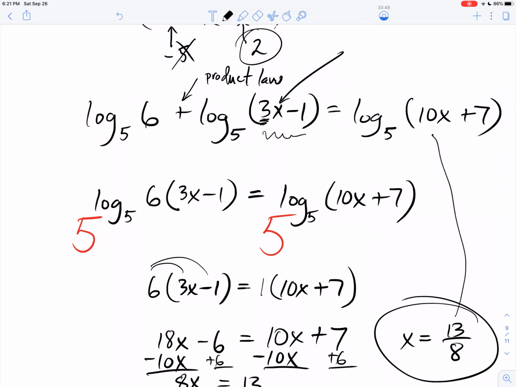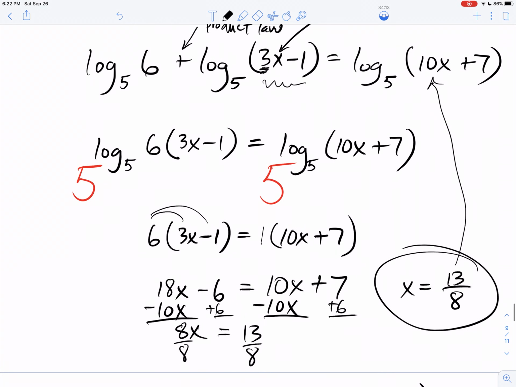And this is positive. 10 times that plus 7 is all positive. So this answer may not be the prettiest number I've ever seen in my life, but it is a legit answer, because when I plug it back into the original, it does not cause a 0 or a negative value.